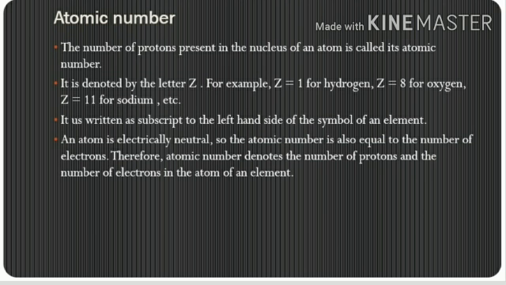An atom is electrically neutral, so the atomic number is also equal to the number of electrons. Therefore, atomic number denotes the number of protons and the number of electrons in the atom of an element.